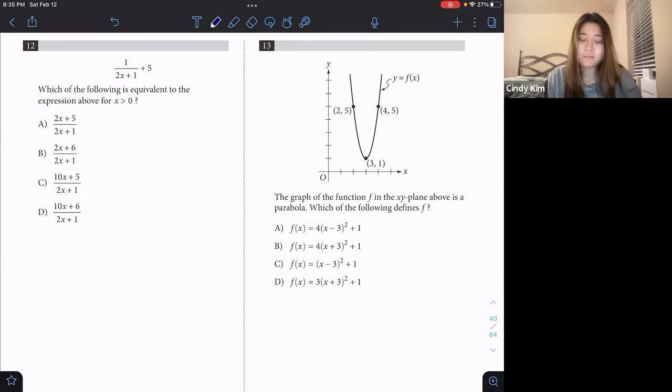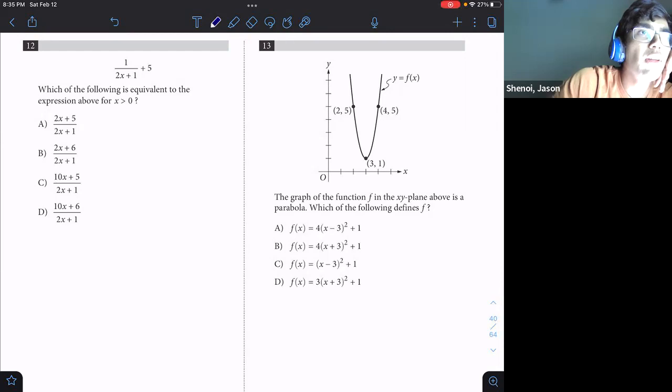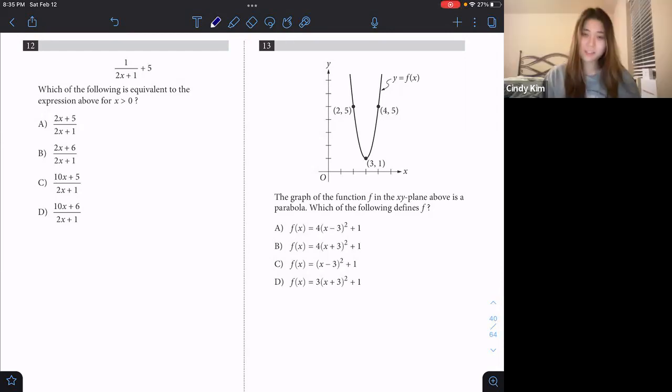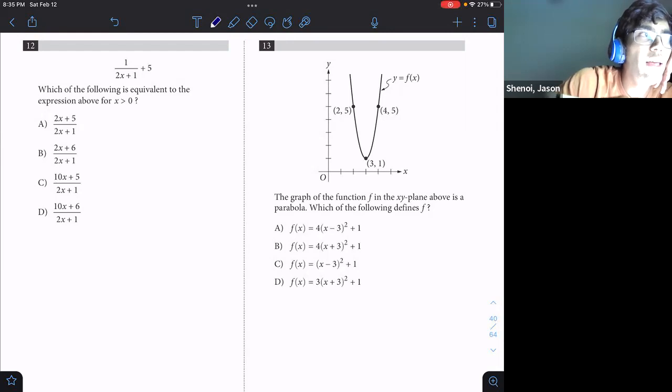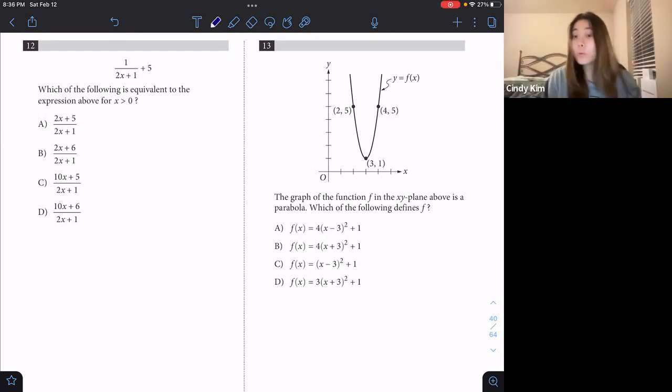Okay, what's the shift? It goes to the right and up. Okay, right, how many units? 3 units to the right. So which one of these, A, B, C, and D, shows 3 units to the right? D. Oh, no, my bad.